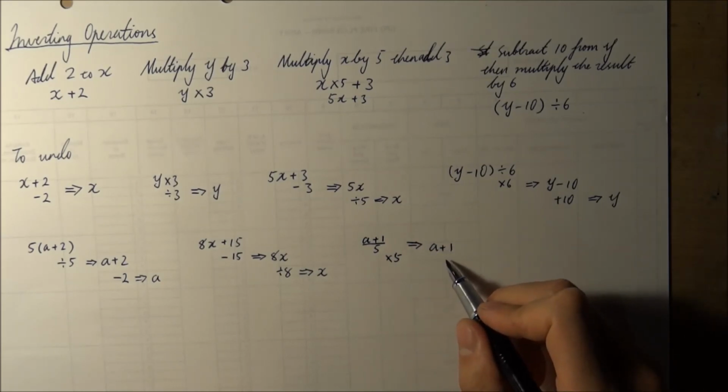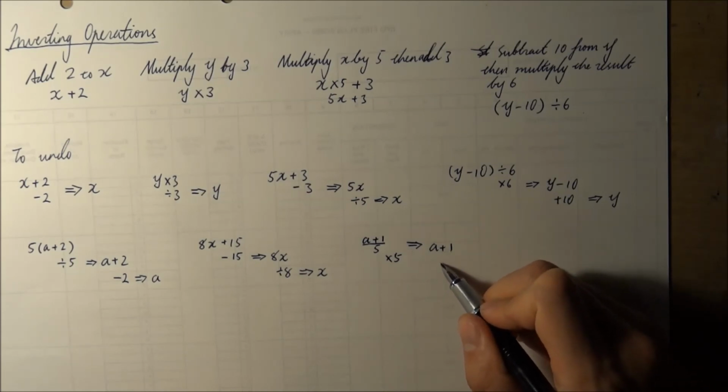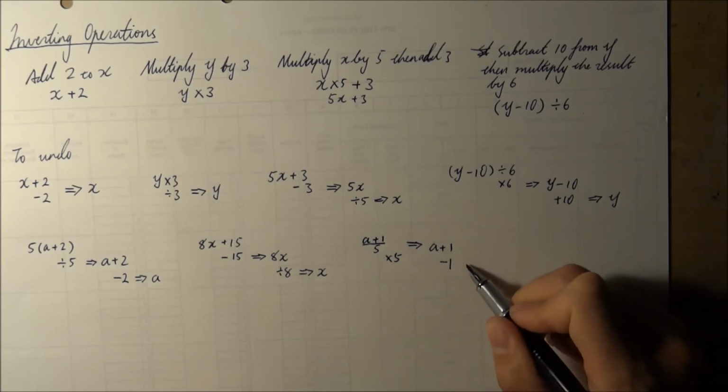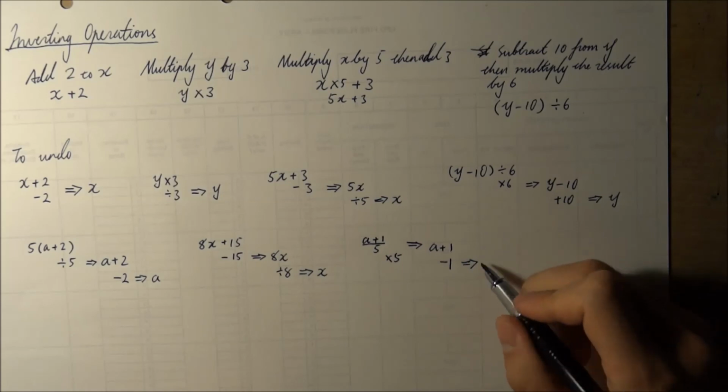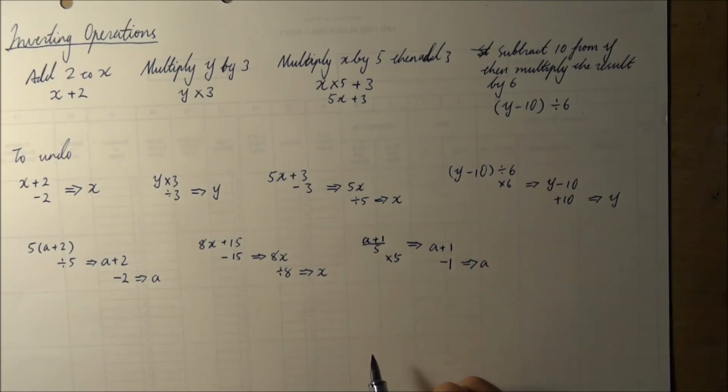And then to undo the 1 here, we subtract 1 from it, and then we end up with a. So these are the steps in undoing the operations in an algebraic expression, so that we can reach the variable in the end.